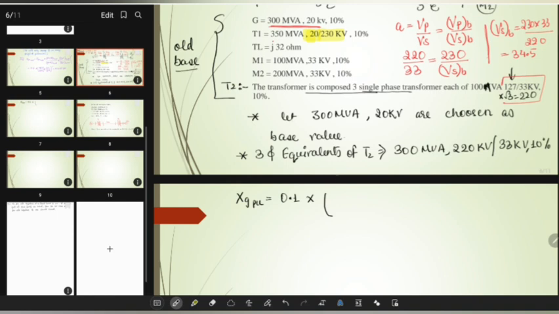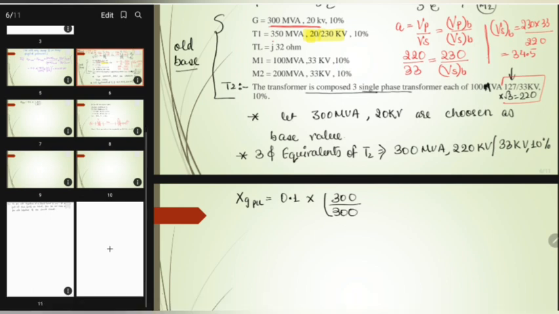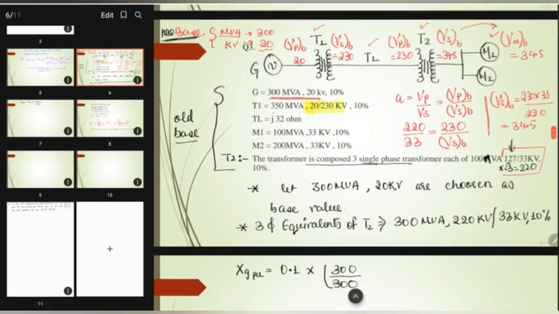So new MVA base is 300 divided by the old MVA base, that is 300. Okay, you can see here new MVA base is 300, old MVA base is also 300 for the generator. Okay, now new kV base is 20, old kV base is 20.